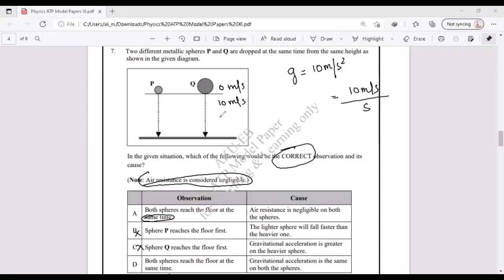Then in another 1 second, it will become 20 meters per second, and then 30 meters per second. The same case goes for object P as well. This is the reason that both the balls will reach the ground at the same time, because the change in velocity of these two spheres is the same in each second. So the correct answer for question number 7 is option D.